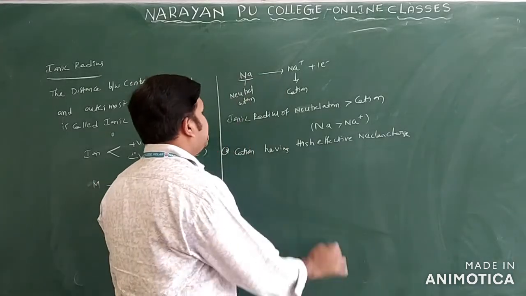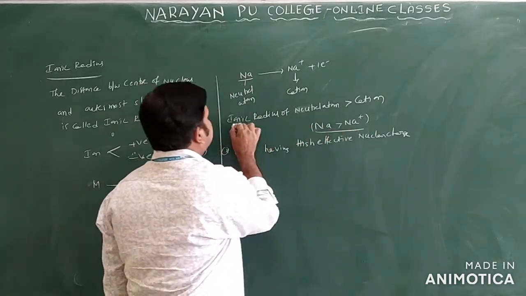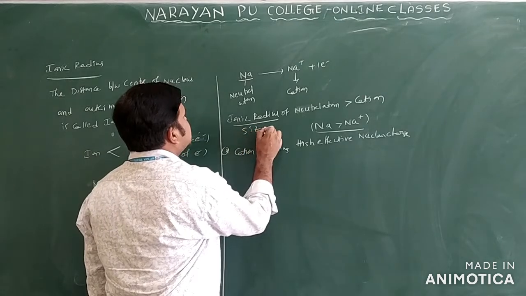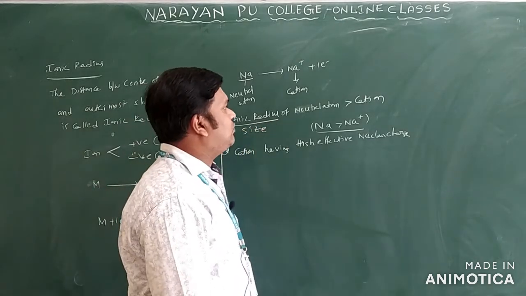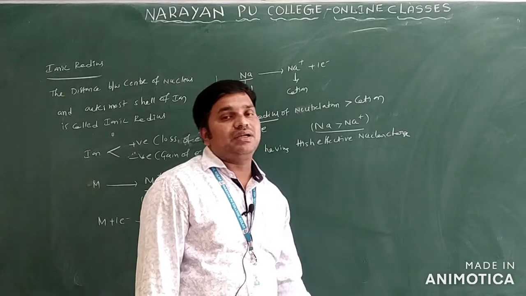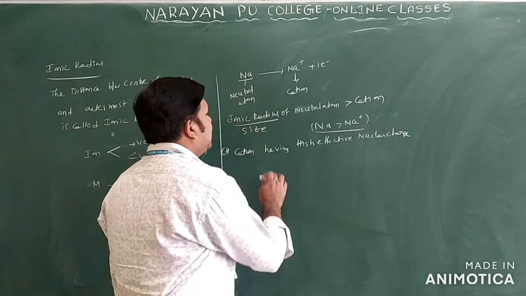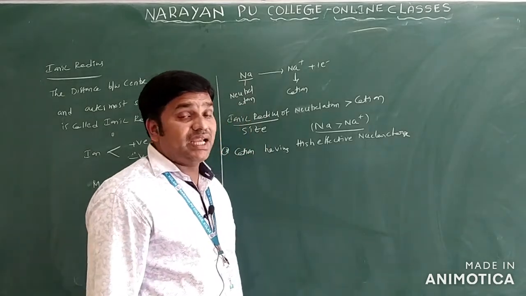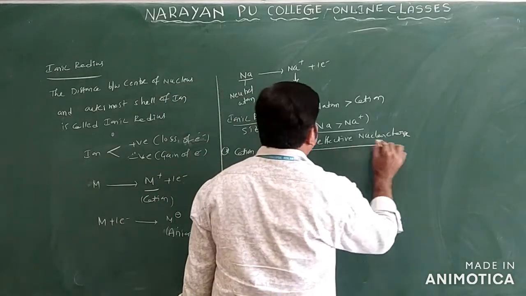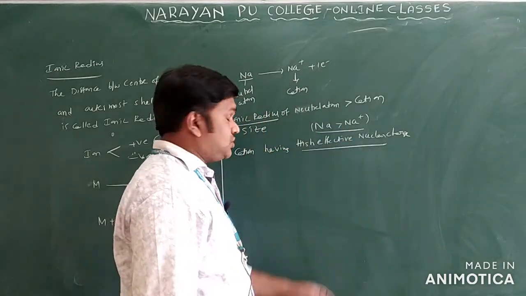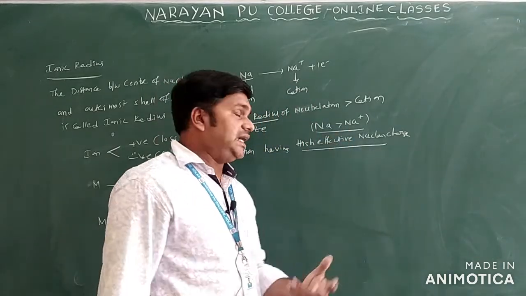That's the reason the ionic radius or size of the neutral atom is greater than its cation, because the cation has a high effective nuclear charge. That is the reason the size of the neutral atom is greater than the cation.